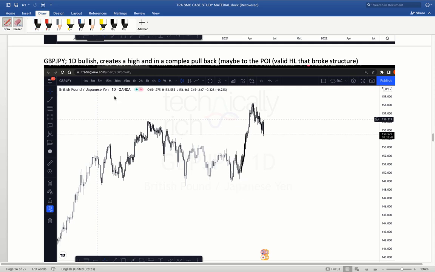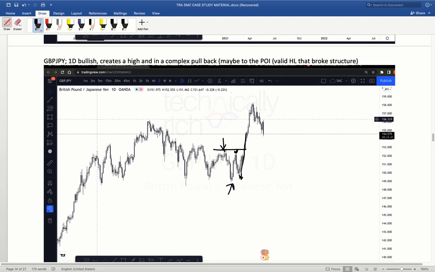Remember, in a downtrend, the valid lower high has to bring a lower low. So this high here did not bring a new lower low. So it is a failed high, but this area here is very important, because this particular one here brought this lower low here.